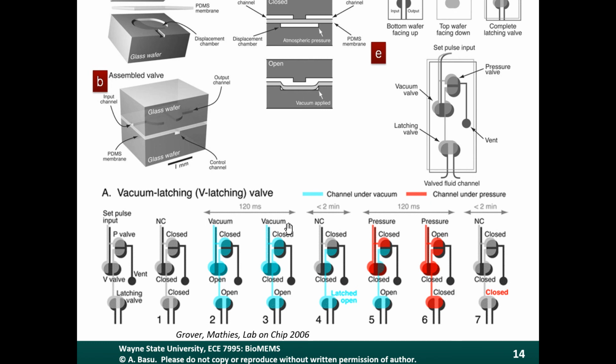So in principle, even if you disconnected it from everything, it should still maintain that state. Now in reality, these things don't do that because PDMS is gas permeable, so the gas leaks through the PDMS, so it doesn't quite work permanently, but it does remain in the latch state for some period of time.